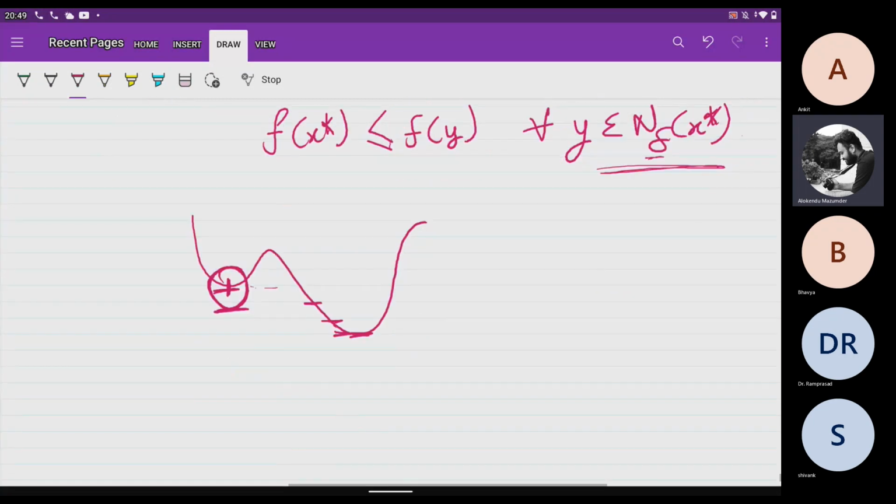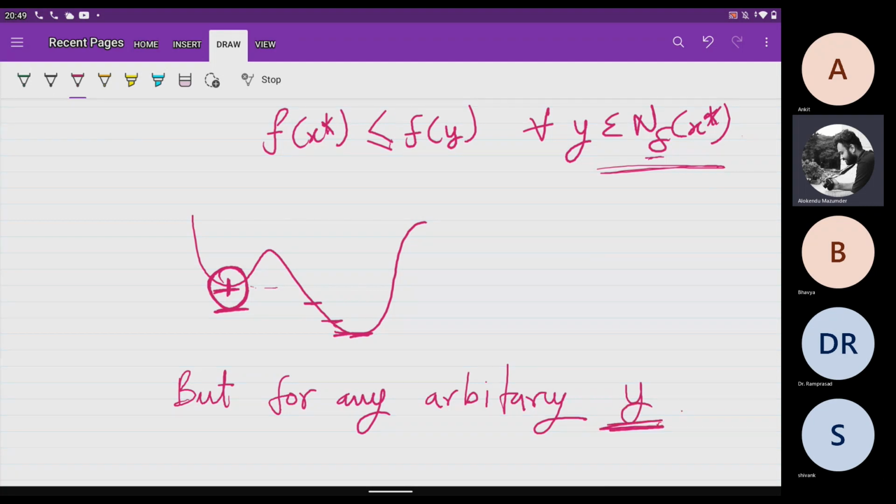But for any arbitrary y, for any of the y, let's say if I get a y here, then the function value here will be less than the function value at x star, right?